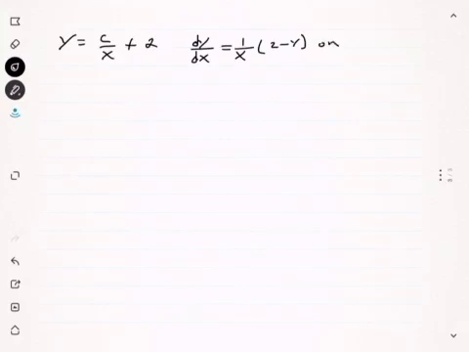We want to show that y equals c over x plus 2 is a solution to this differential equation, dy dx equals 1 over x times 2 minus y, on the interval 0 to infinity.